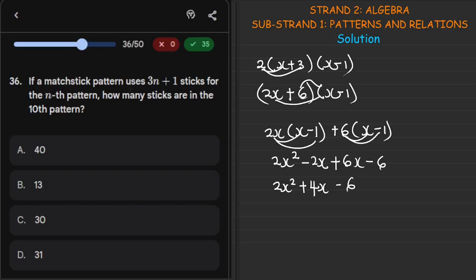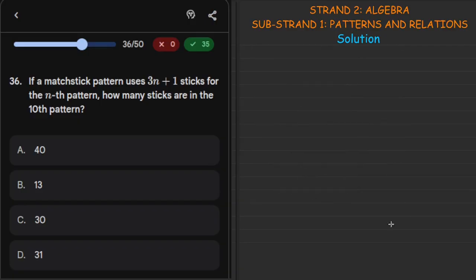Now question number 36. We are back to the matchsticks. It says if a matchsticks pattern uses 3n plus 1 sticks for the nth pattern, how many sticks are there in the 10th pattern? What this simply means is n is equal to 10, because it said n refers to what?